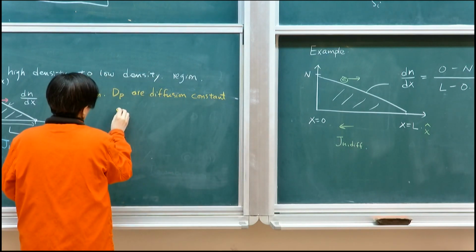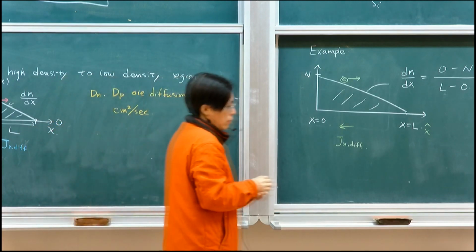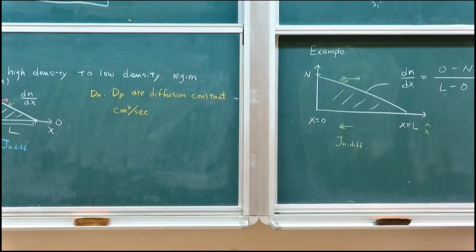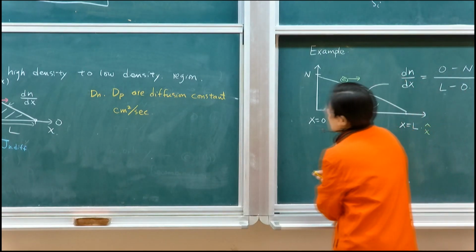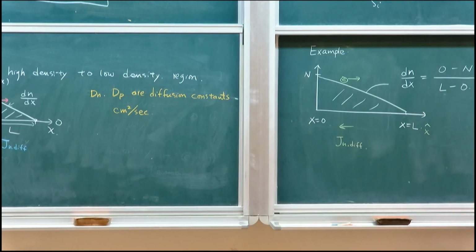It's in the unit of centimeter squared per second. And the diffusion constant should be different for electrons and holes because it will depend on the type of particle.